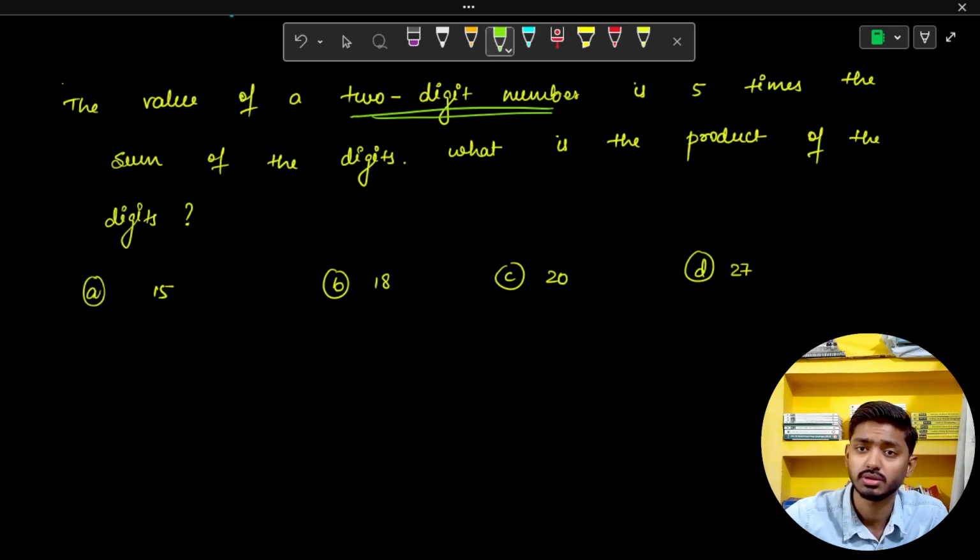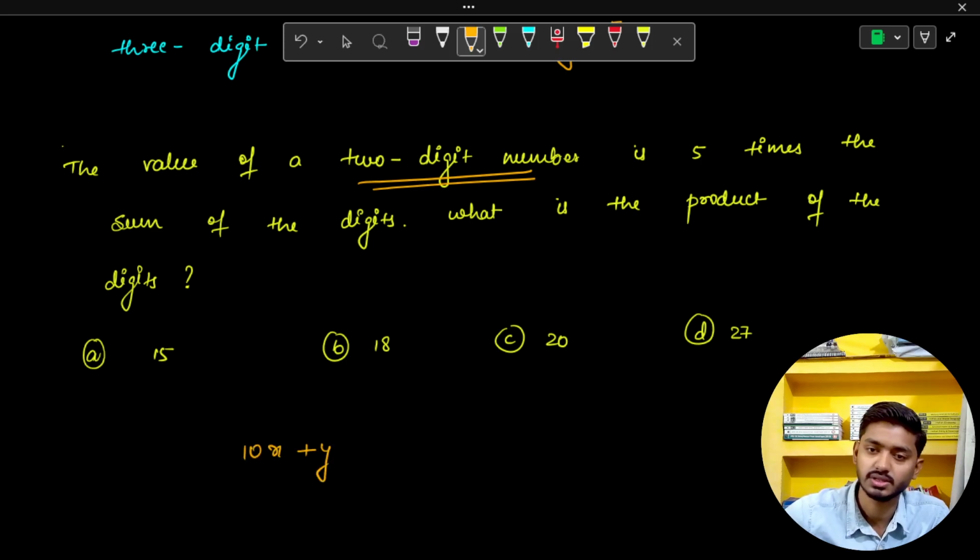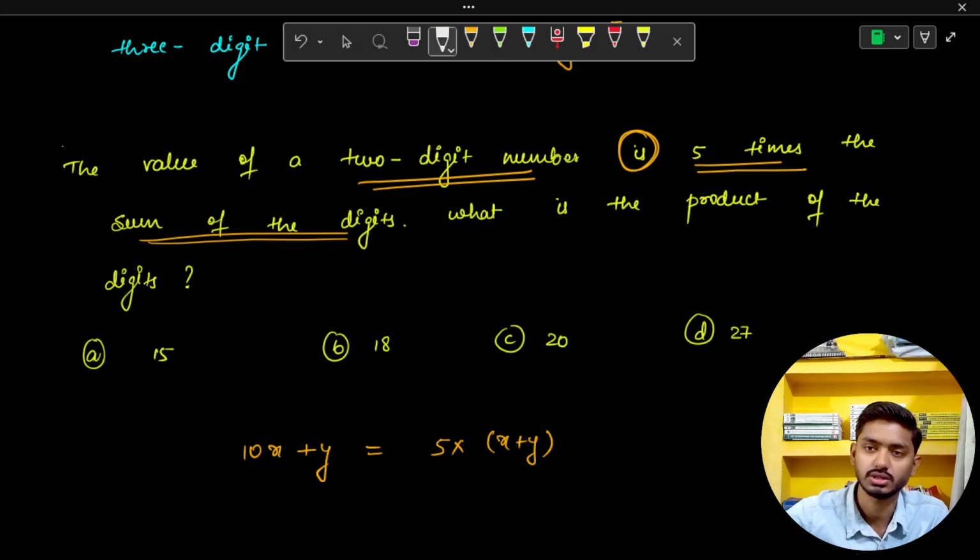Let us assume the two-digit number 10x plus y equals 5 multiplied by the sum of the digits, x and y, right? This is the equation which we got. If we solve this, we get 10x plus y equals 5x plus 5y.